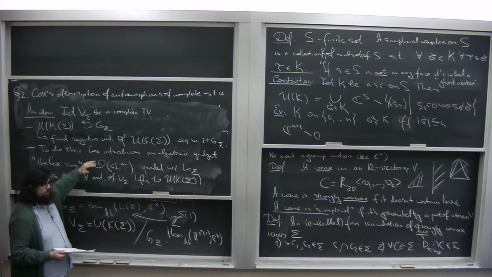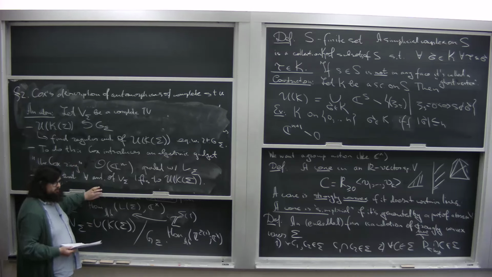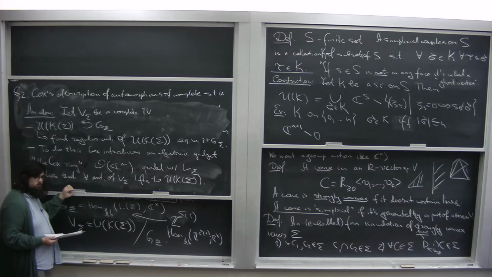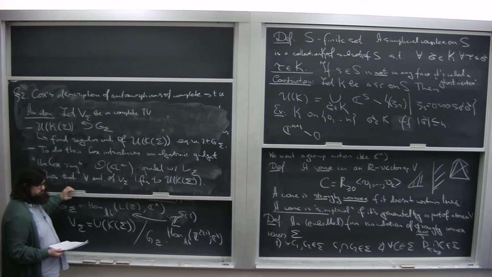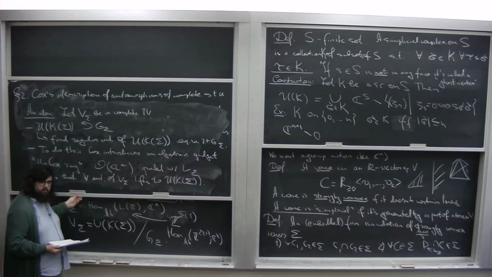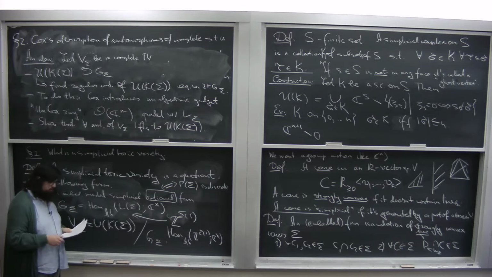So this thing, you determine that the kernel of this, I don't know, descent to V sigma is precisely the group G sigma, and then you're done. If any automorphism can be lifted to this total space of this bundle, then this gives you the complete description of automorphisms of complete simplicial toric varieties. Okay, any questions about that? Okay.